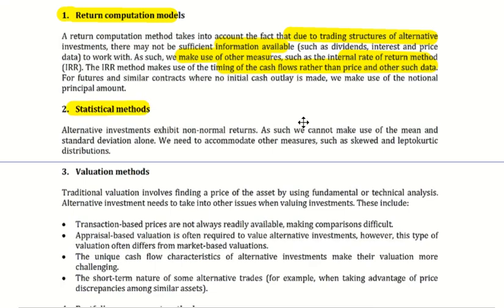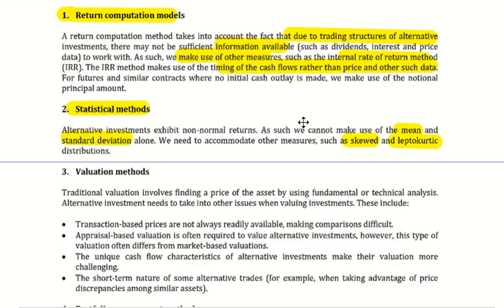Statistical methods. Alternative investments, as we know, exhibit non-normal returns as opposed to the normal distribution. If it were just working with a normal distribution, the mean and the standard deviation would probably be sufficient to explain the returns. But alternative investments don't work with normal distributions, and then we need to incorporate new measures like skewness and leptokurtosis.